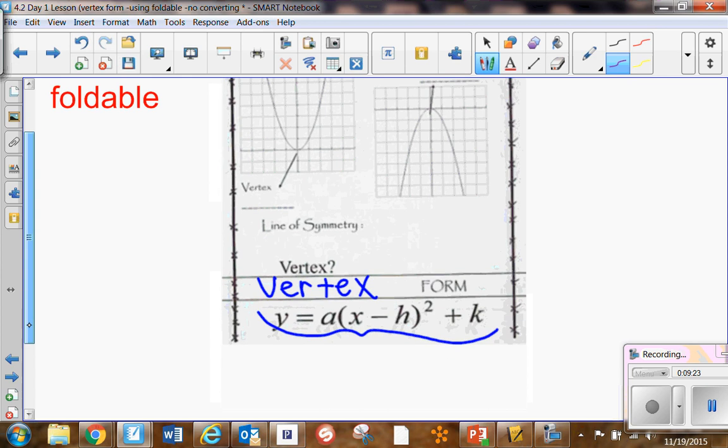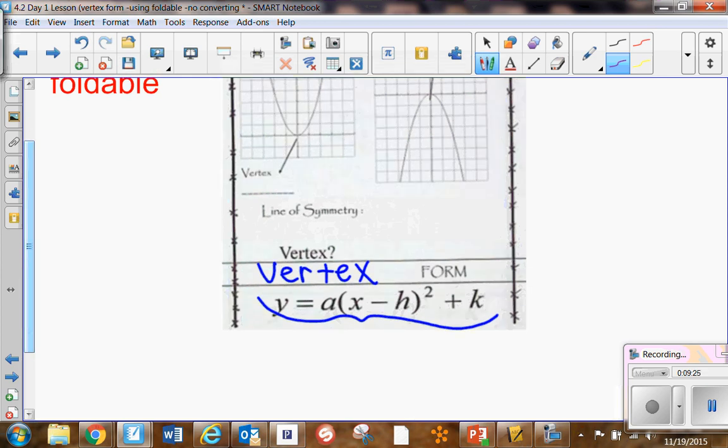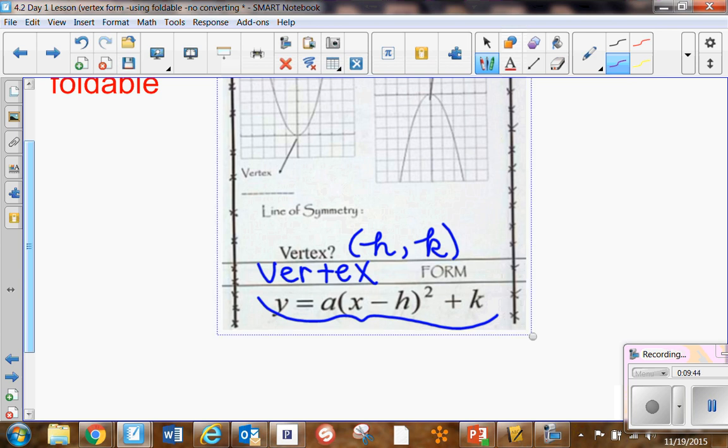Does anybody remember what the vertex is? If this is your equation, where do you find the vertex? H and K. Your vertex is (h, k). What you do is you take the opposite of what's in here. If it's a negative h, then your vertex is a positive h. If this is a plus h in the original equation, then it'd be a minus.